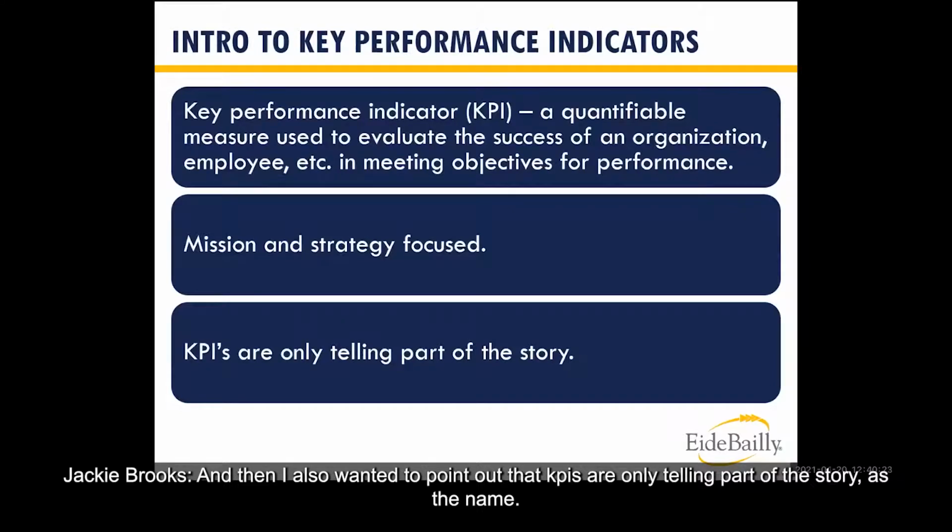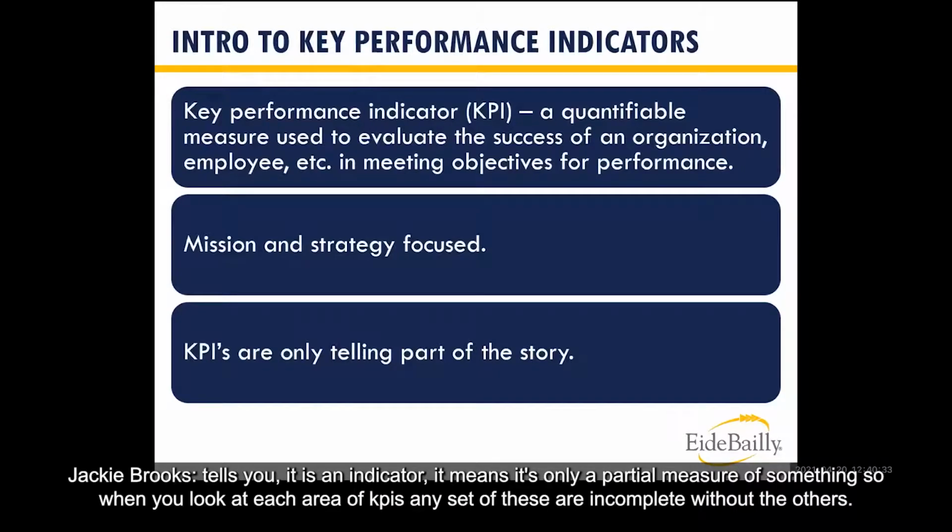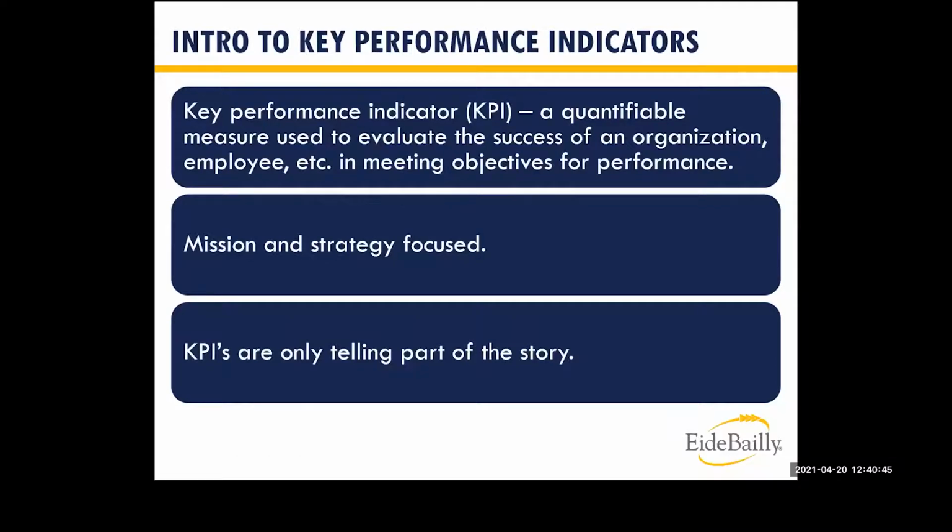And then I also wanted to point out that KPIs are only telling part of the story. As the name tells you, it is an indicator. It means it's only a partial measure of something. So when you look at each area of KPIs, any set of these are incomplete without the others.